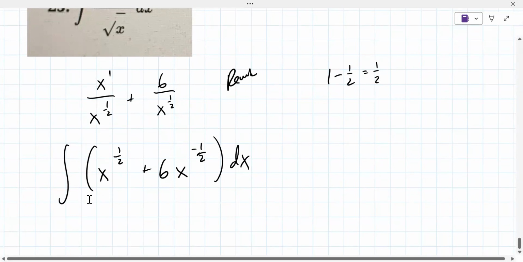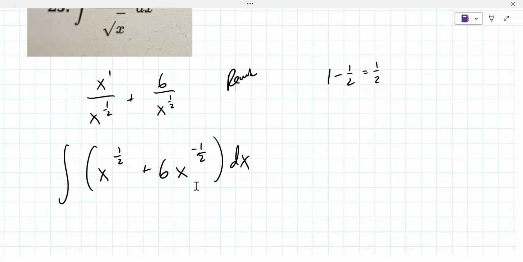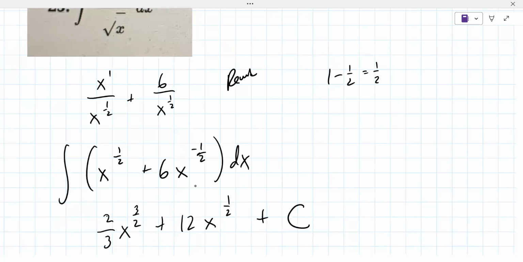You're gonna get two separate answers for it, this one and then this one on the right. 2/3 x to the 3/2 power plus 12x to the half. Plus C.